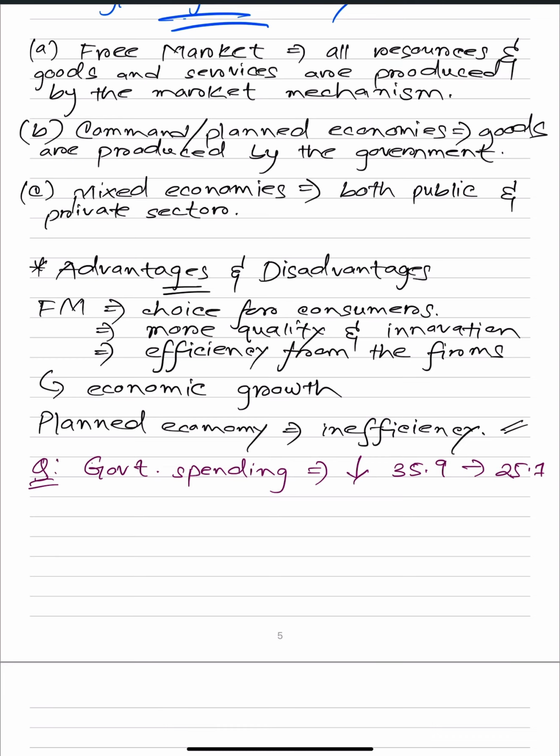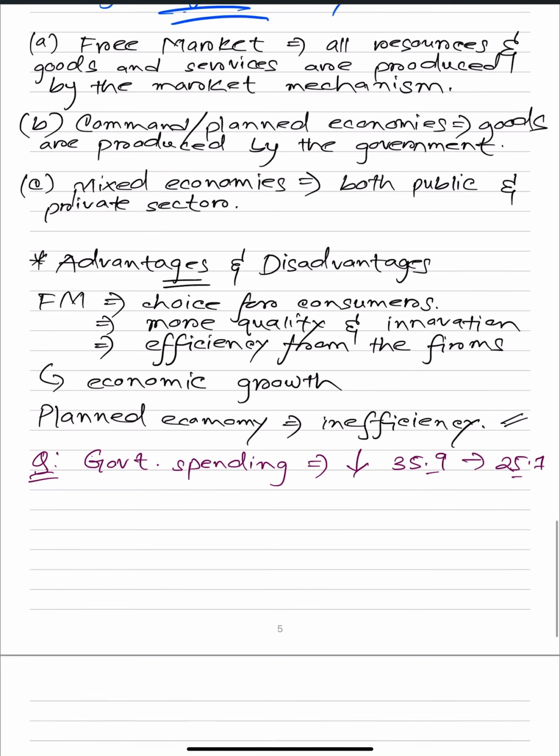What does this mean? Government spending fell. This means that government involvement in the economy fell from 35.9 to 25.1%, which therefore means that the economy is moving from a more government oriented economy to a more free market economy, i.e., it is going closer to being a free market economy.